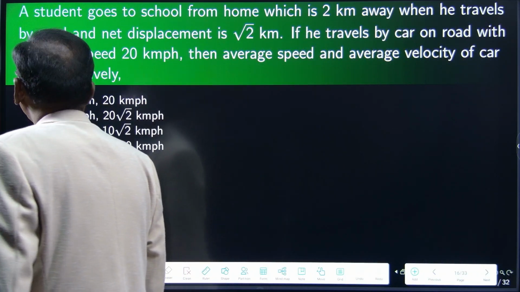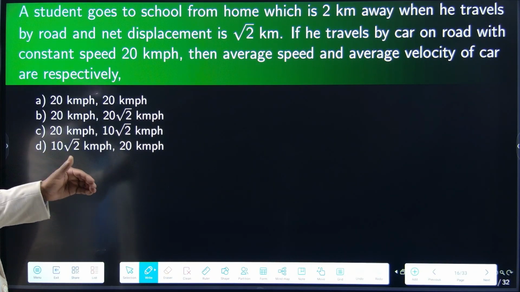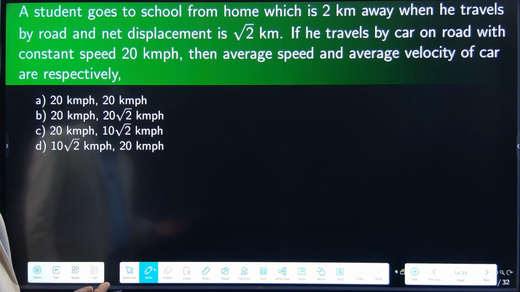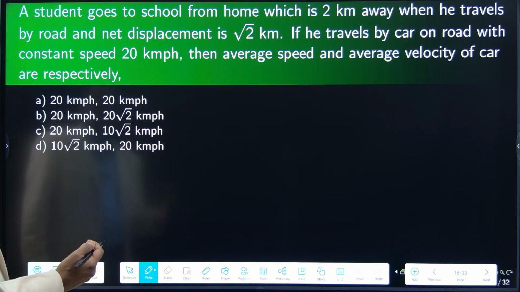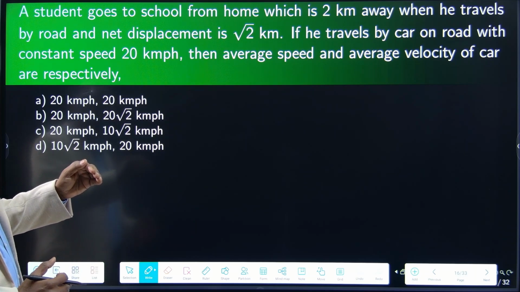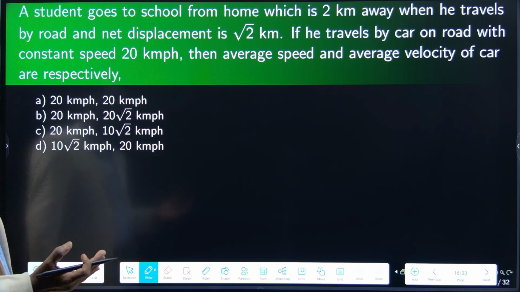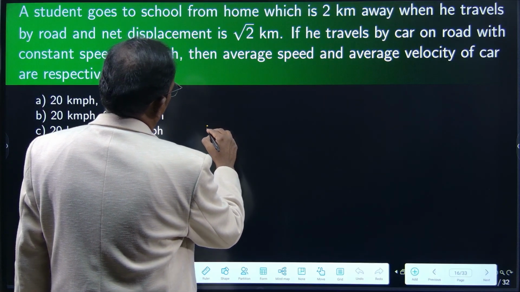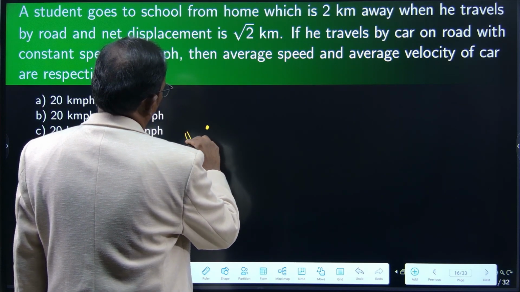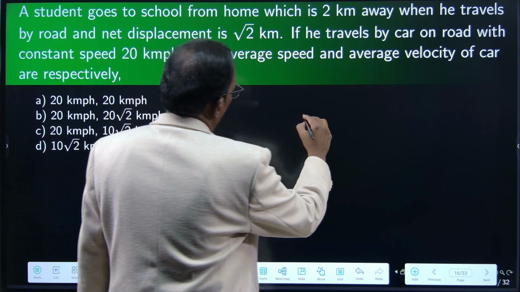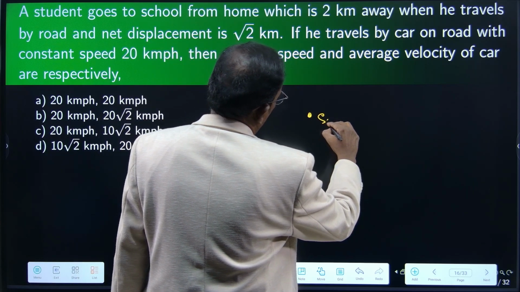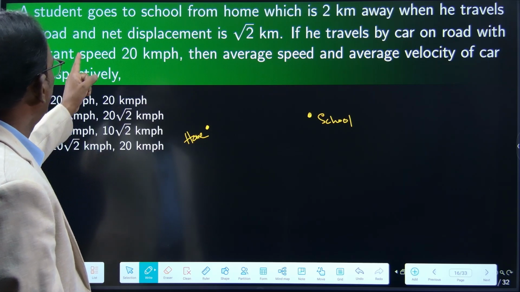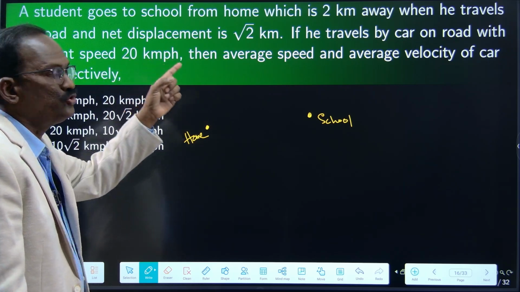Next question. A student goes to school from home which is 2 kilometers away when he travels by road. This dot is home and this is school, and the net displacement is root 2 kilometer.